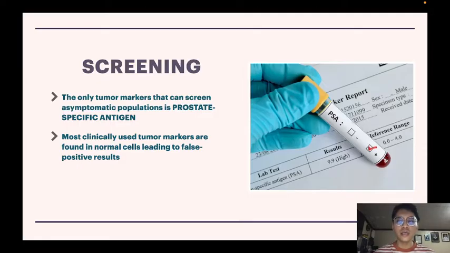So there is actually a normal level of HCG in our body. Then you say it's testicular cancer right away because HCG is positive, or ovarian cancer because of increased HCG, but you don't know that she is just pregnant, right? So PSA is really the only tumor marker that can screen asymptomatic populations.